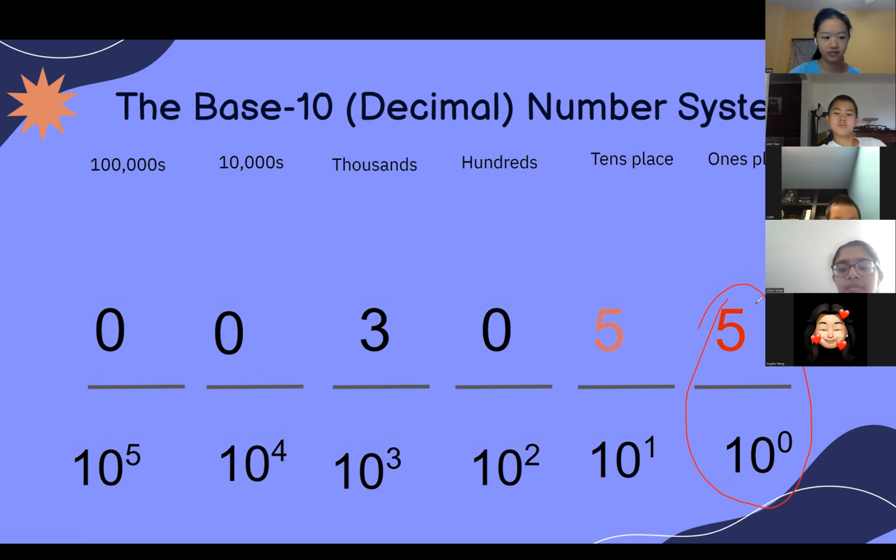And remember that the fives represent different values. The orange 5 is 5 times 10 to the power of 1, so it's a greater multiple than 5 times 10 to the power of 0, which is the red 5.